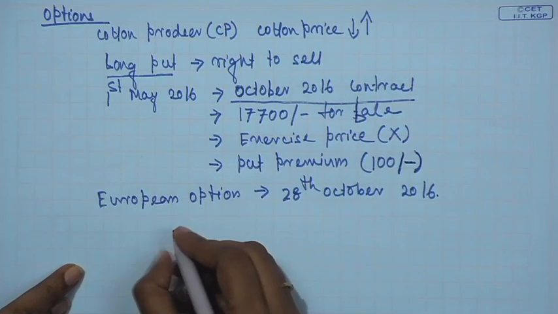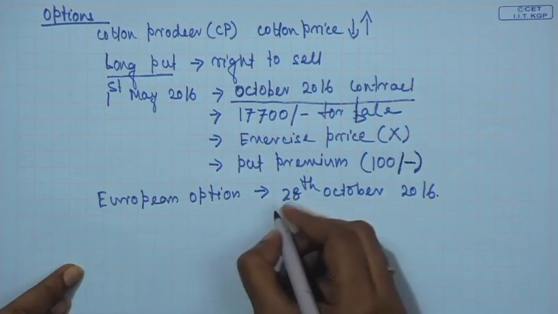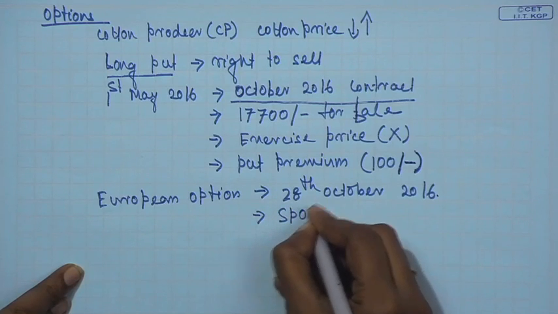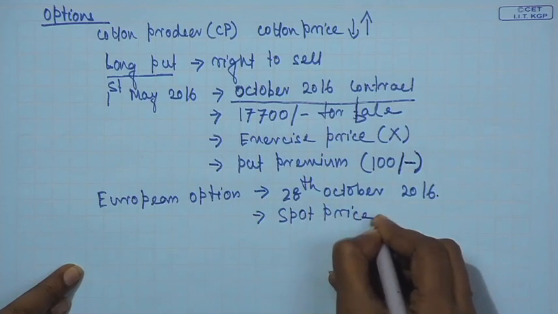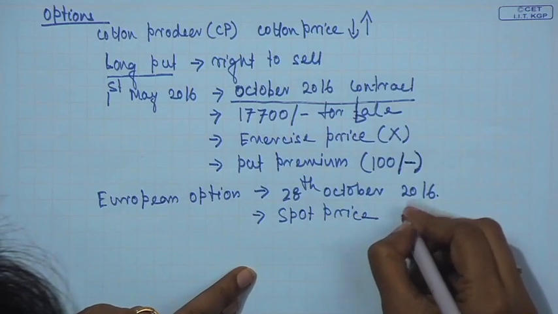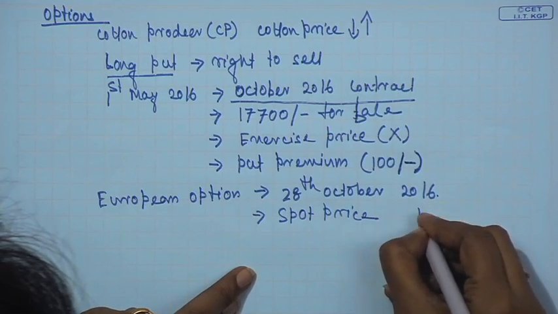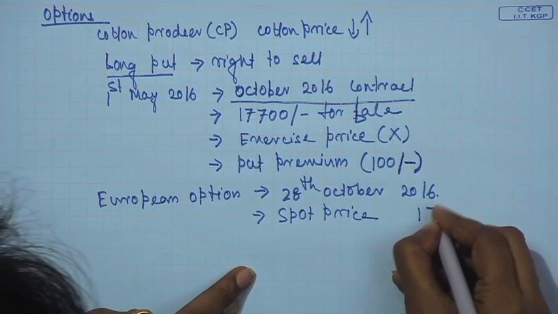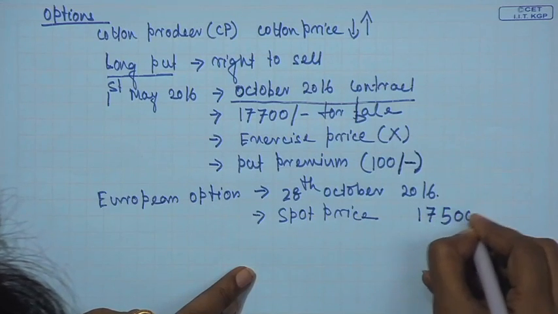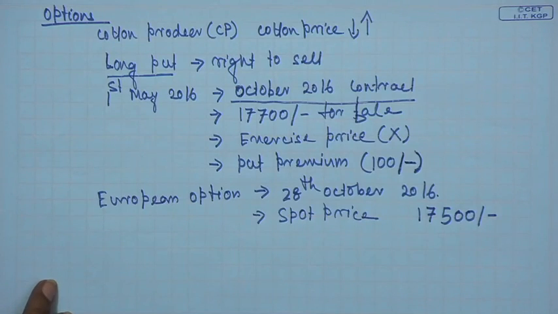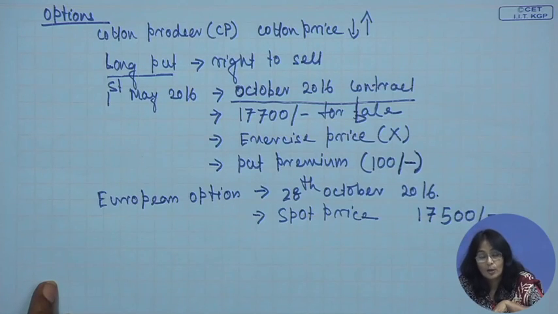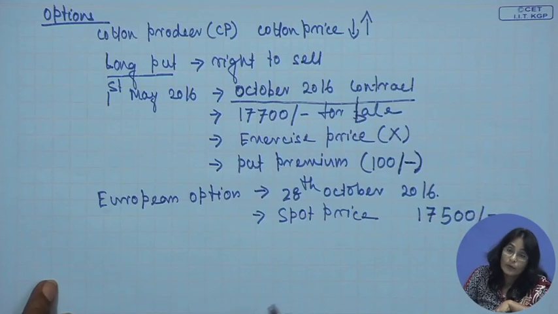Now let's say on 28th October, the cotton spot price is 17,500. My question to all of you is whether this cotton producer will exercise the option contract or not, whether he will exercise the right to sell. Long put means he has bought the right to sell.